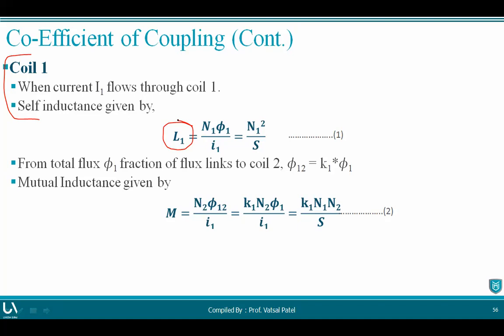What about the other flux? I said in the last session also that whatever the total flux is produced by coil 1, not all of it is linked with the other coil. What do we call that flux which is not linked with the other coil? What is the name of that flux? In the last session we discussed this.